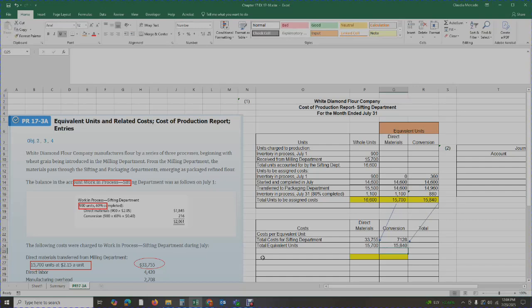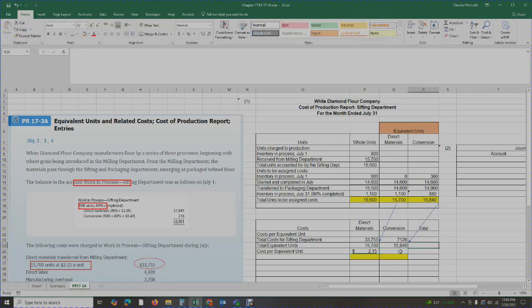So now we're going to calculate our cost per equivalent unit. Okay. To do our cost per equivalent unit, we're going to divide our total cost for the sifting department by our equivalent units for the materials. And that gives me $2.15 per unit.